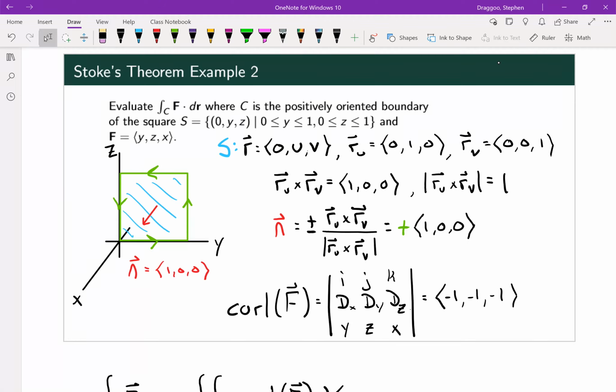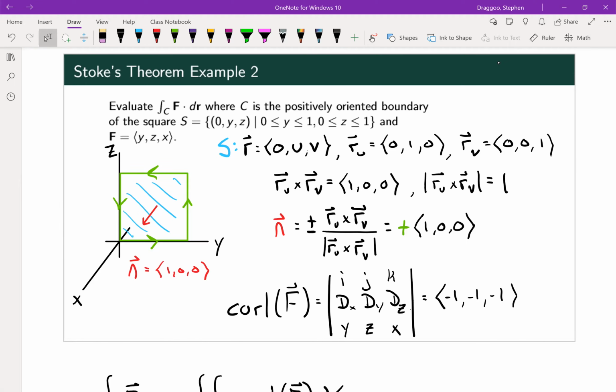And since we know that this thing is in the YZ plane, its normal vector should point in the x direction. And if we use the right hand rule to trace this thing counterclockwise, curl your fingers around in a counterclockwise direction and your thumb should point in the positive z direction.